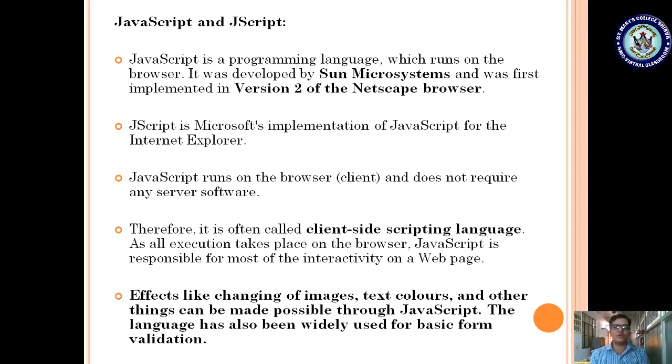As all execution takes place in the browser, JavaScript is responsible for most of the interactivity on a web page. Interactive web pages means, for example, the converters and calculators we use nowadays. These are programs developed for your browsers and converted into apps.